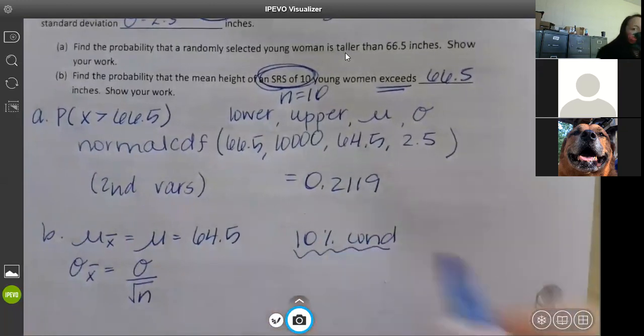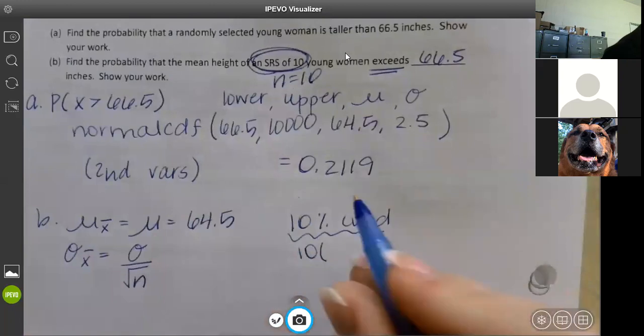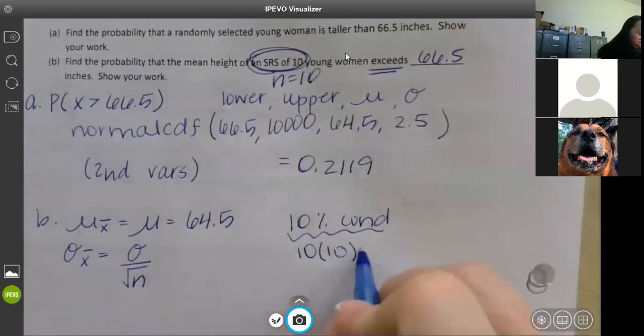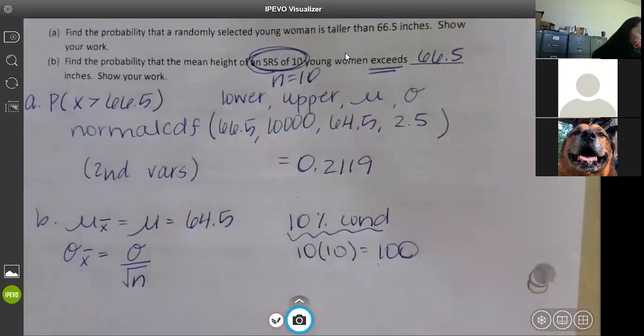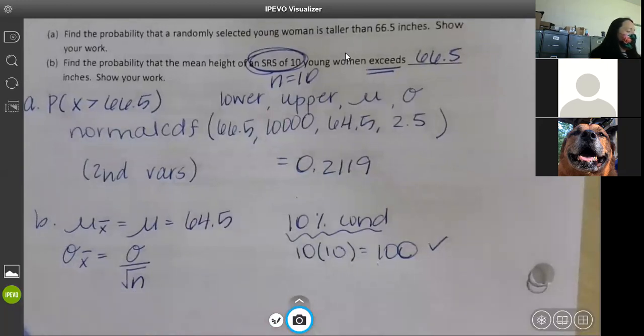I don't care what you call it, okay? So we have to do 10 times our sample size, 10, which is 100. Are there more young women than 100? Yes, there are more than 100 young women to choose from.